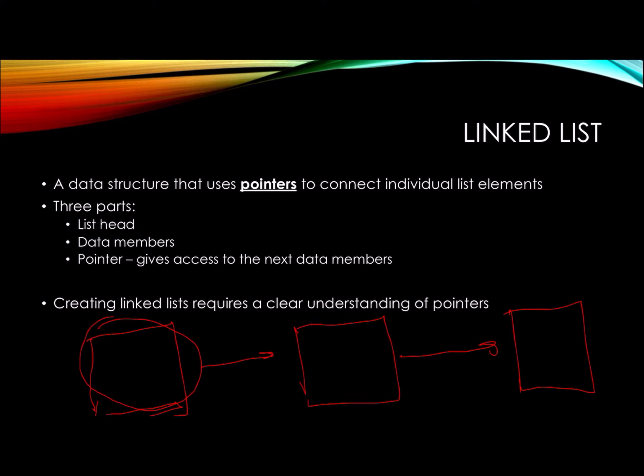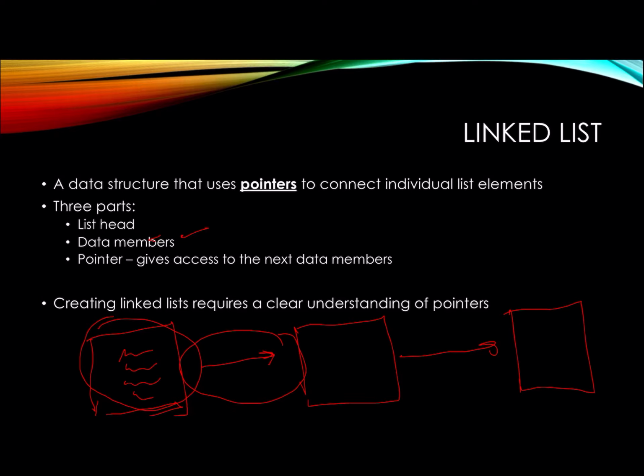It's the head of the list. The data members are the values inside that list. And the pointer gives access to the next data member. So this one is the pointer. It points to the next list.